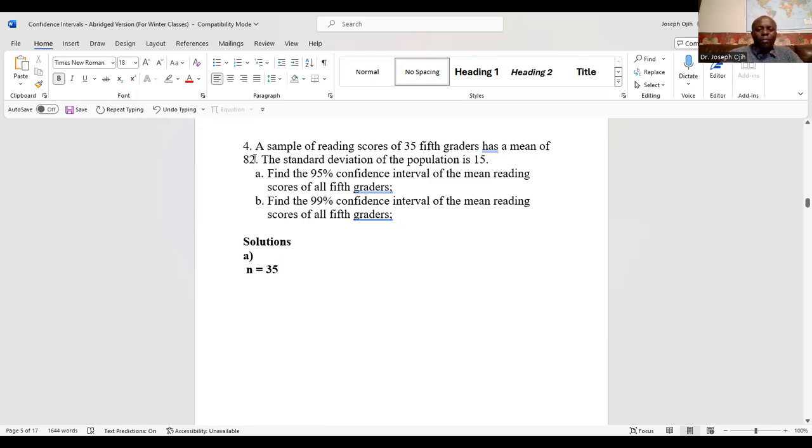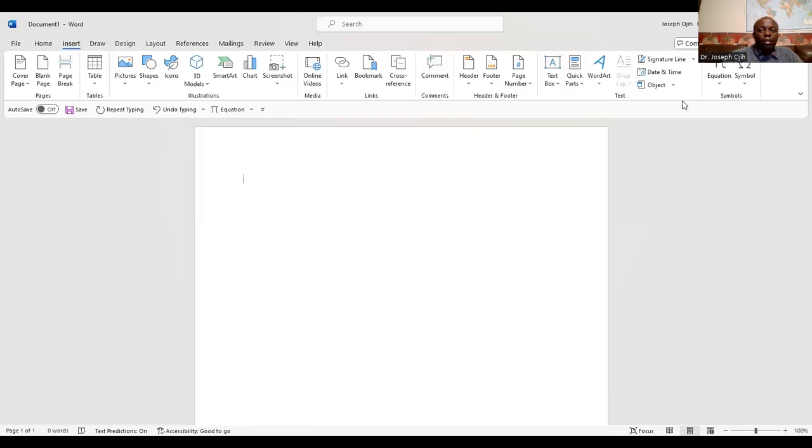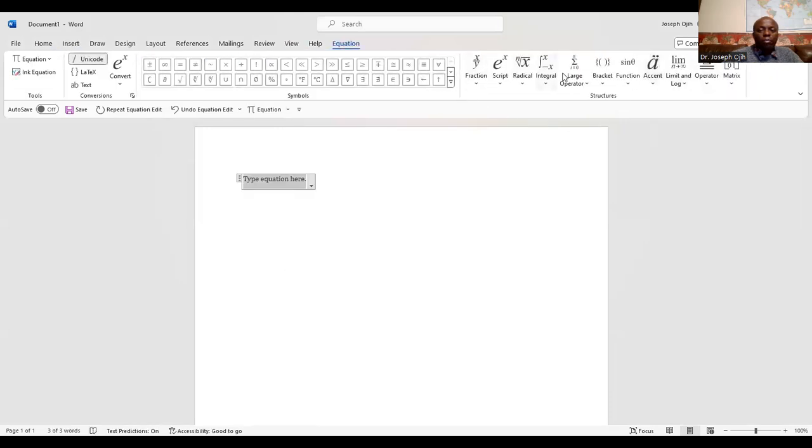Now I can't get the character for sample mean, so I'm going to get it from the other workbook. X bar is 82. I'm going to insert the sample mean of 82.